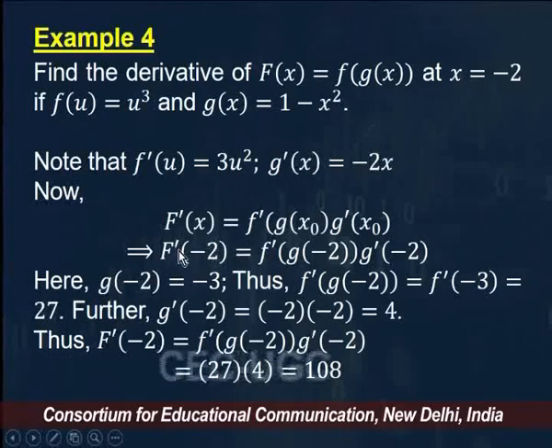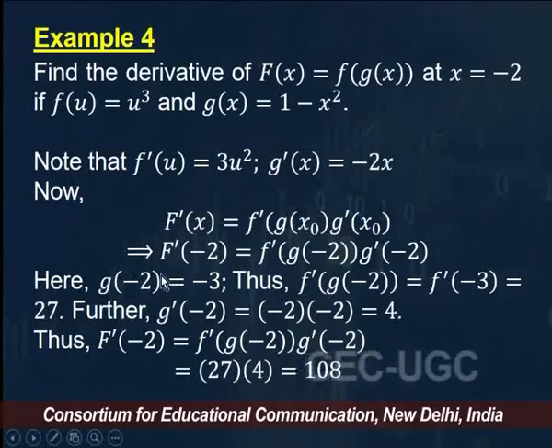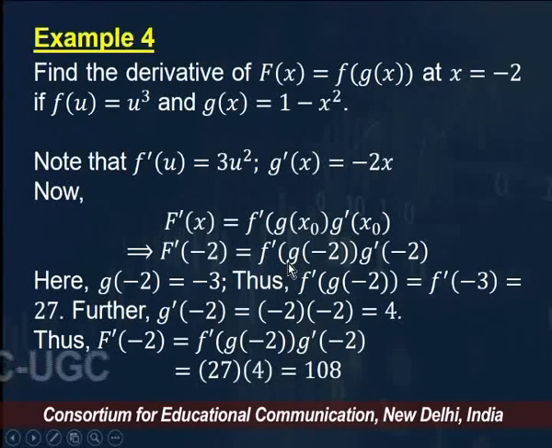By the chain rule, capital F prime of x naught is small f prime of g of x naught, our x naught here is minus 2, times g prime of x naught. So F prime at minus 2 is equal to small f prime at g of minus 2 times g prime of minus 2.